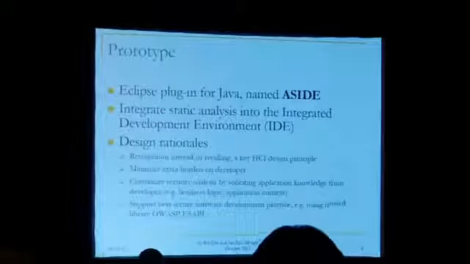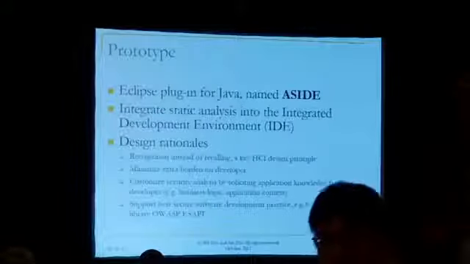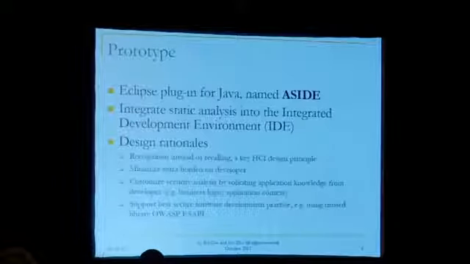We want developers to recognize instead of recall security problems. So instead of thinking about what problems I should prevent while writing code, we want the tool to tell developers, hey, you want to think about that. We want to minimize extra burden on developers, and we also want to leverage developers' knowledge in terms of customized security analysis.